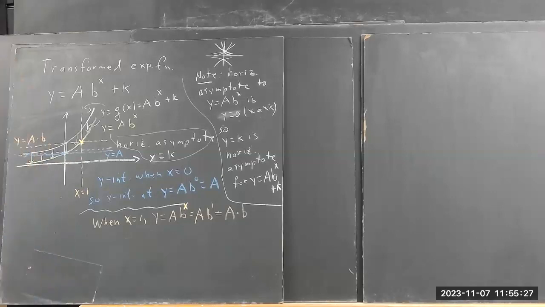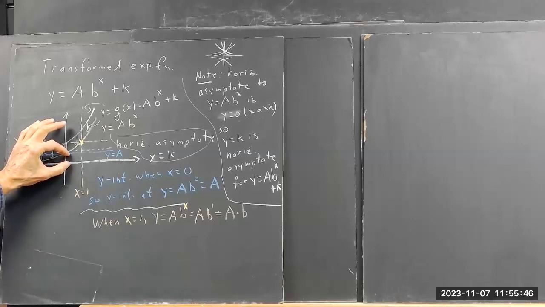Show me with your fingers, how big is a? And how big is a times b? Well, a is this big and a times b is this big. Okay, here's a times b.